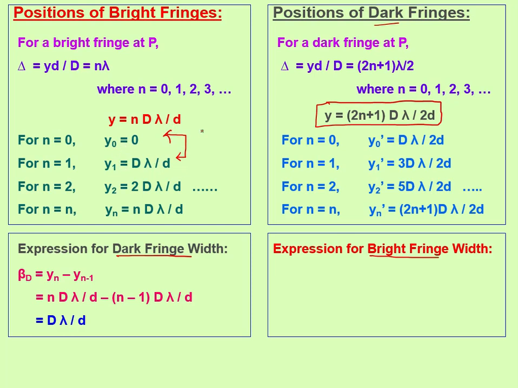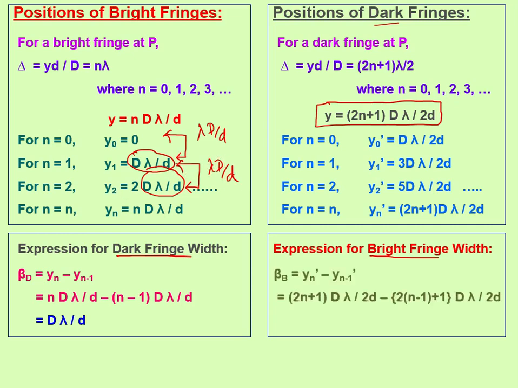Y1 minus Y0. It is lambda capital D upon small d. Similarly, what is the difference between the second bright and first bright fringe? See, 2 lambda capital D upon small d minus lambda capital D upon small d. These are the same terms. So again the subtraction of y2 minus y1 is again lambda capital D upon small d. That means the separation between two consecutive bright fringes is lambda capital D upon small d.